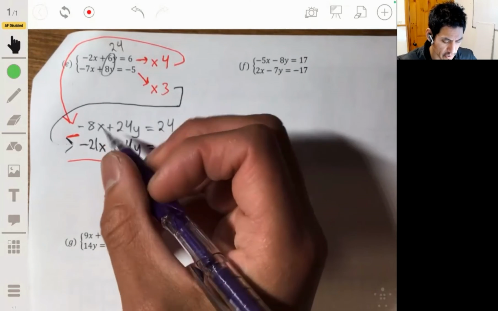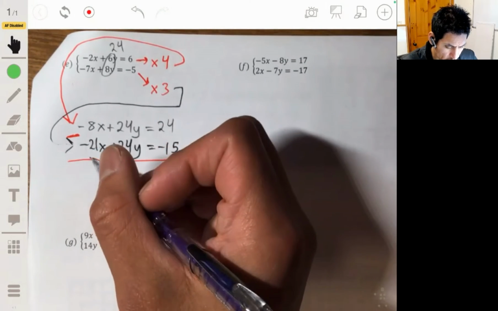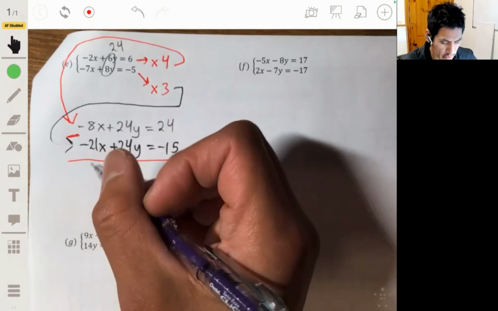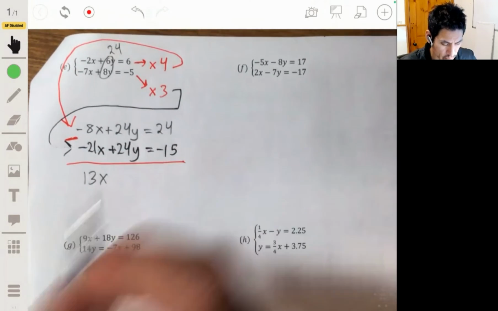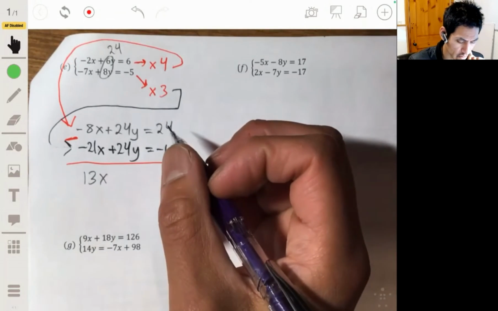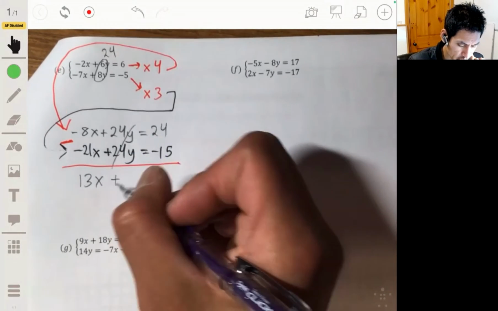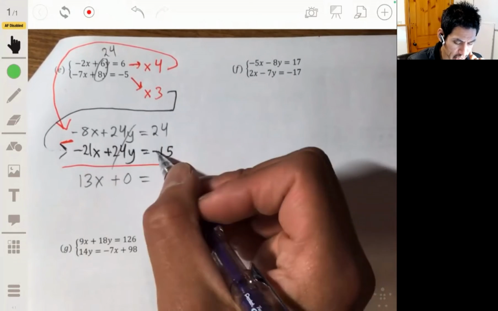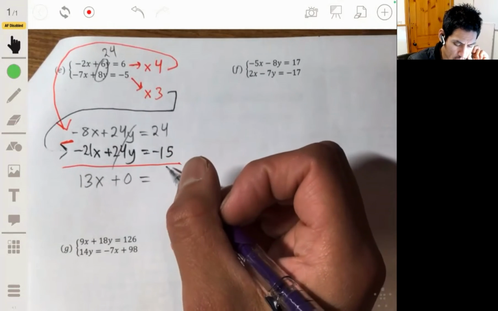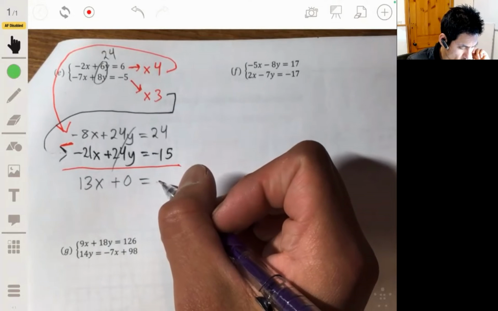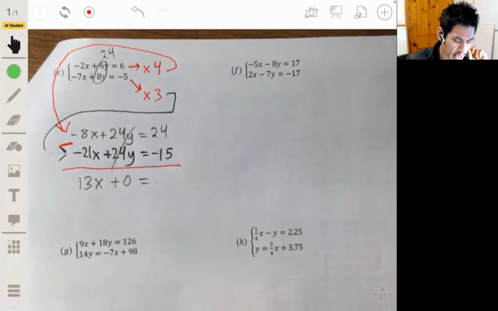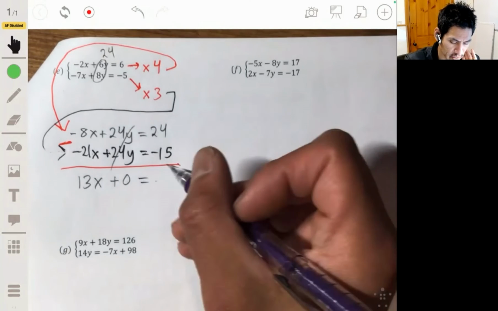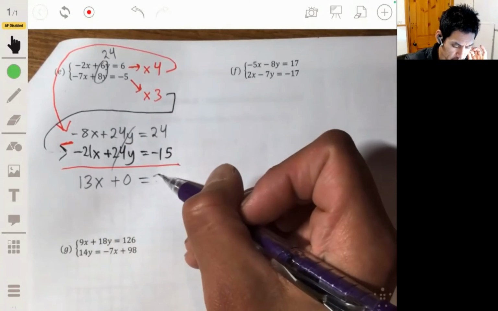Negative 8x minus negative 21x. That's the same as negative 8x plus 21x, which will give me positive 13x. The y terms cancel. 24 minus negative 15, I almost screwed up there too.